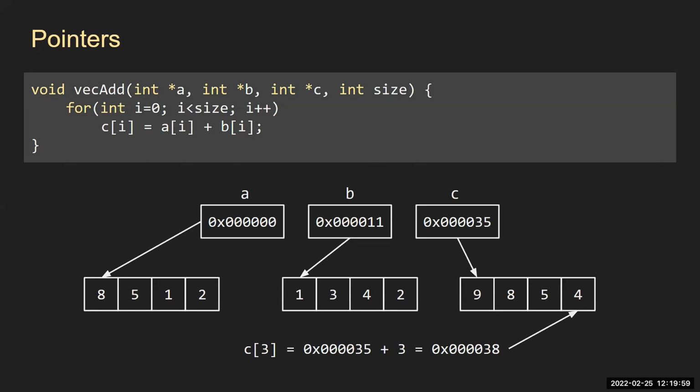Okay, so here's a little more visual example of what exactly is going on when you use a pointer. We've got the same, in this case, the CPU version of that vector add function, and we've got three pointers here. Like I said before, each one of these is just an address.